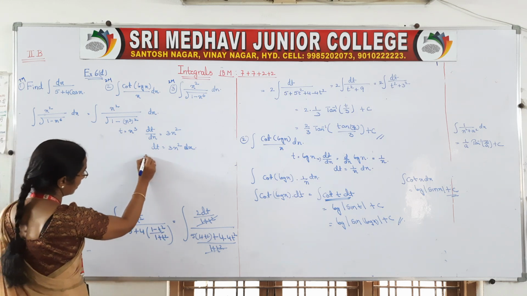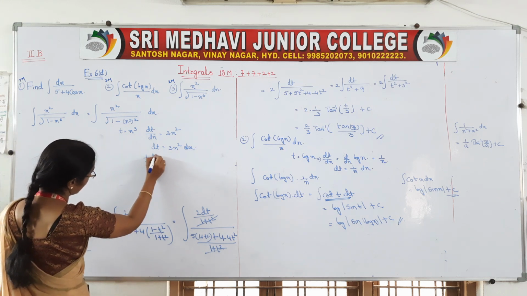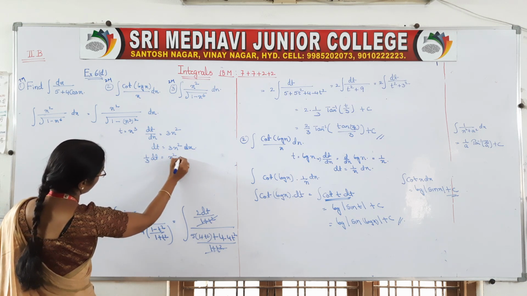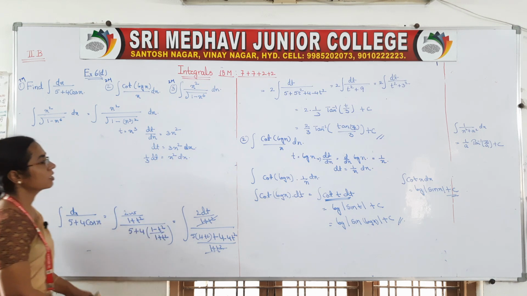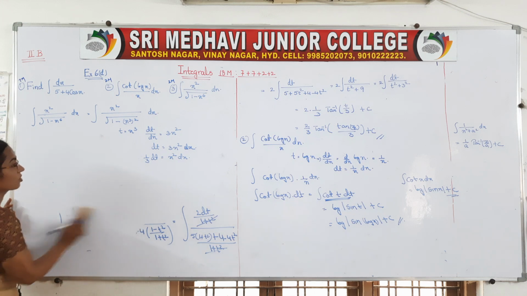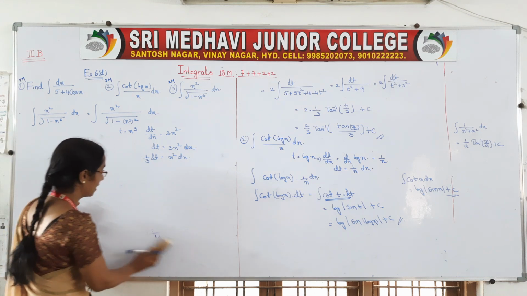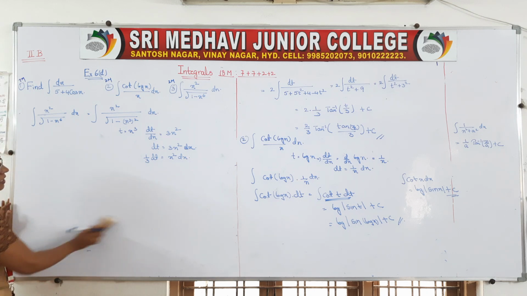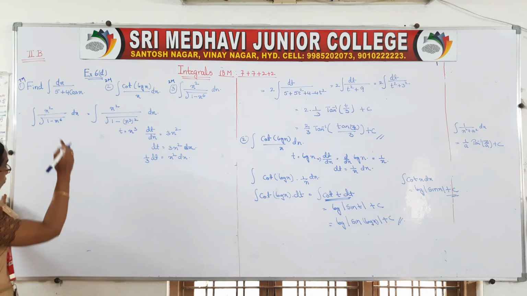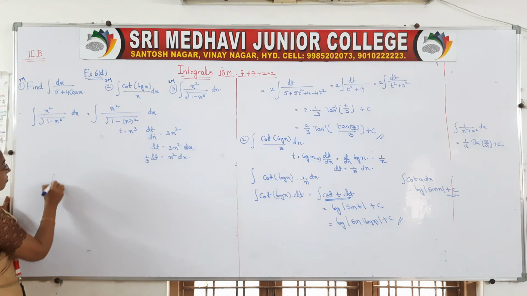Send that 3 this side. 1 by 3 dt is equal to x square dx. So now you got your x square dx. Which method? Substitution method. If we take one value as t, after differentiation we'll get another value, and after substitution we'll get one standard formula form, isn't it?